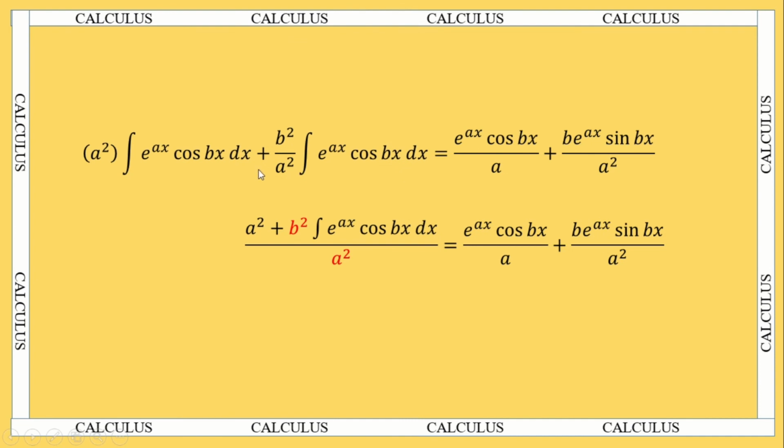After we simplify, we need to simplify again. I just take this and this in one integral. Then it will be like this. Here we do not need to calculate.